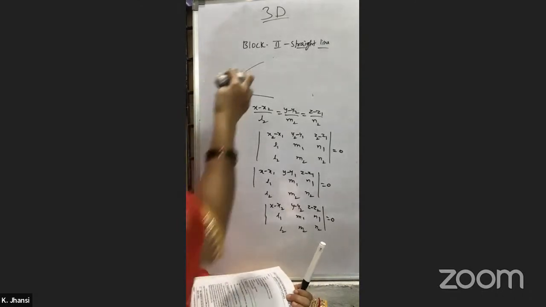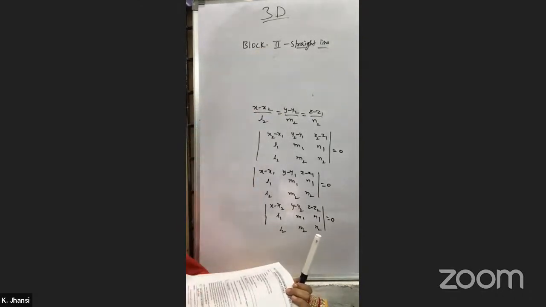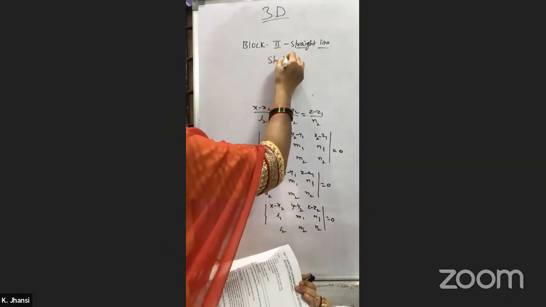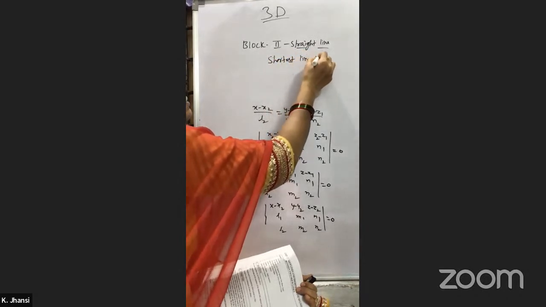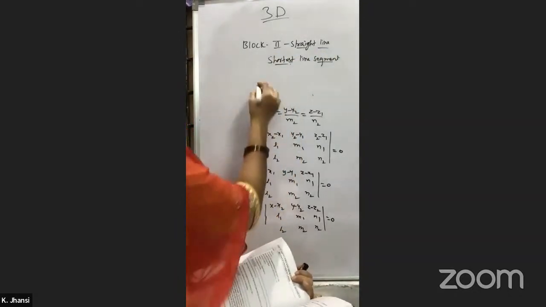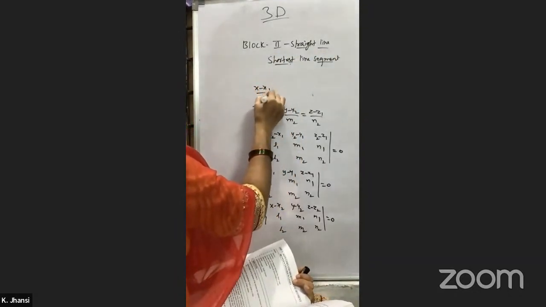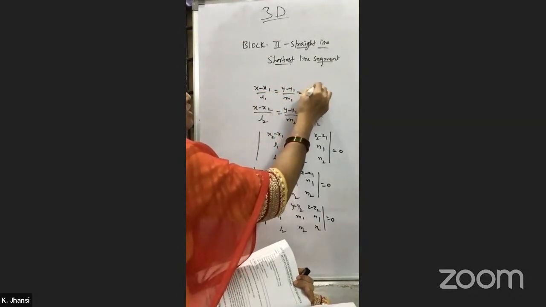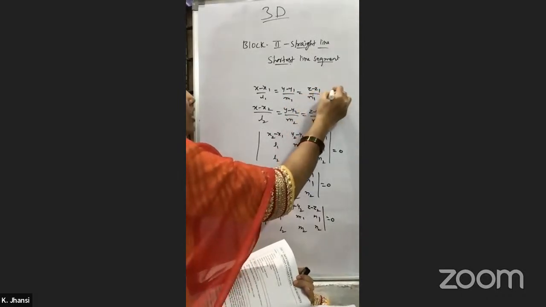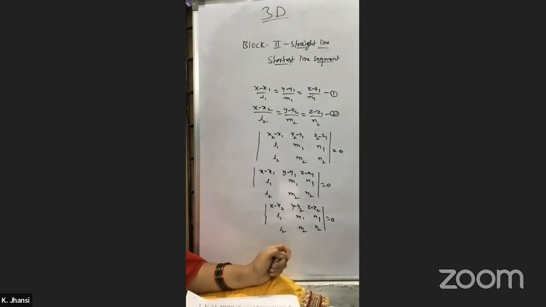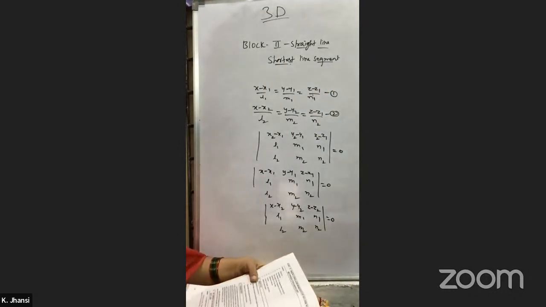Okay, for the shortest line segment, you will have a formula. Same here, you will have two lines: x minus x1 by L1 equals y minus y1 by M1 equals z minus z1 by N1. This is one line equation and this is the second line equation. From the two line equations, the first thing we have to find is the length of the shortest line segment between the two lines.